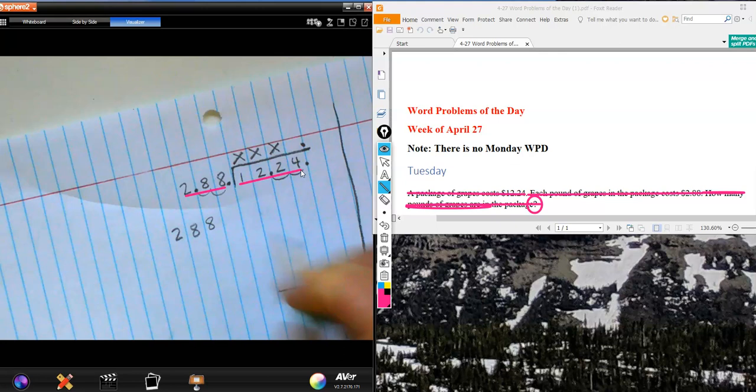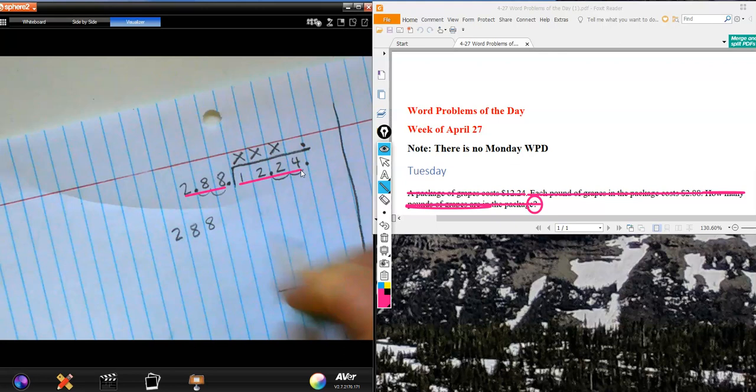So I'm going to go down one. 288 times 4. 8 times 4 is 32. 8 times 4 is 32 again, I'll carry the 3, and it becomes 35. 2 times 4 is 8 plus 3 is 11. So 1,152. Okay, that'll work. It's smaller than 1,224.